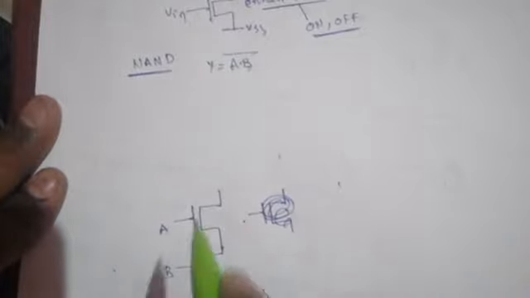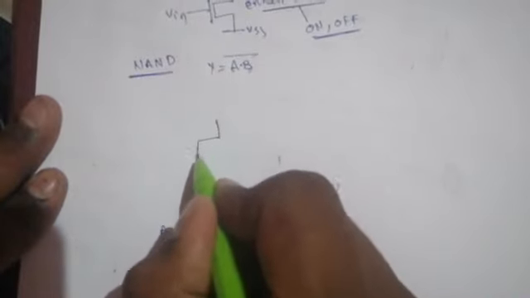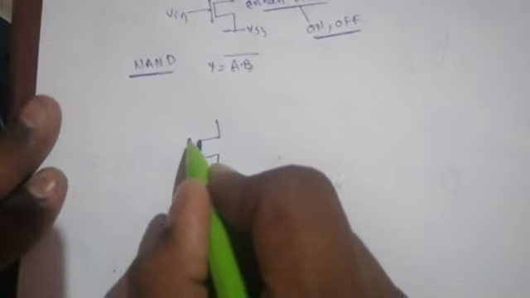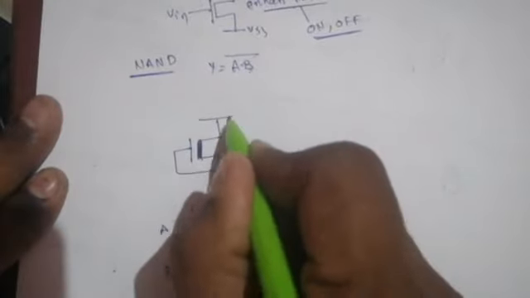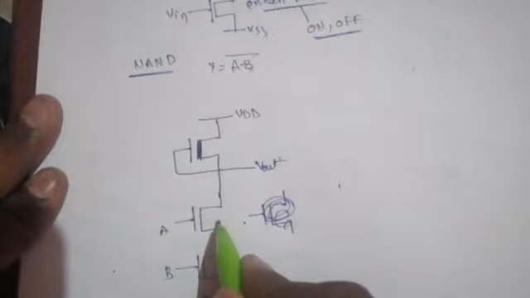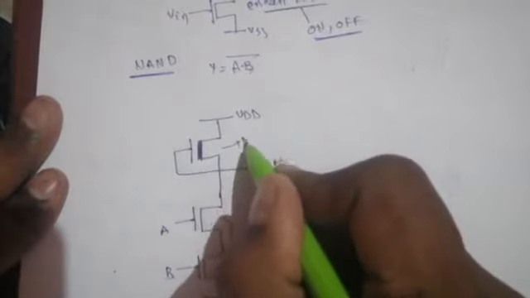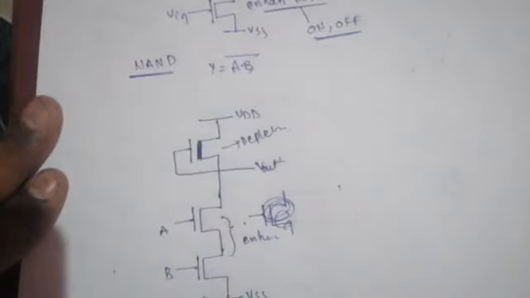So VSS. Here you can implement the depletion mode MOSFET. In place of the resistor, you can connect the depletion mode MOSFET. This is the output voltage. This one is VDD. These two are enhancement mode MOSFETs. This one is a depletion mode MOSFET.